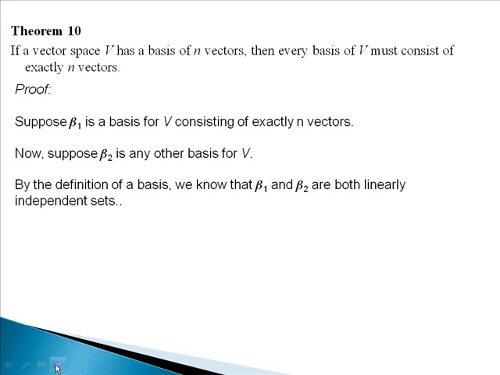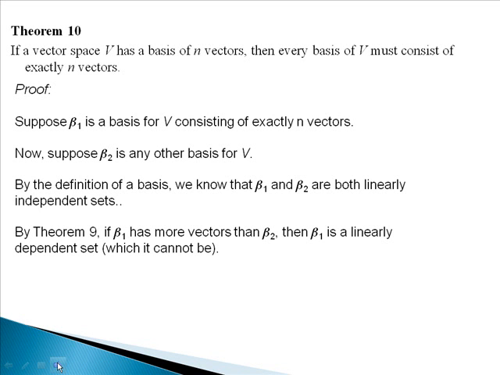So by the definition of a basis, we know that both beta sub 1 and beta sub 2 are linearly independent sets. And then by theorem 9 we just looked at, if beta sub 1 has more vectors than beta 2, then beta 1 is a linearly dependent set, which it can't be since it's a basis.